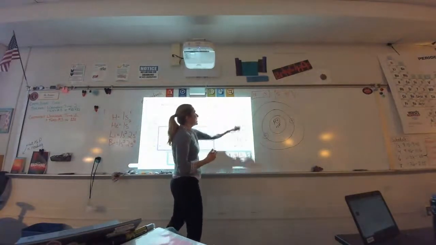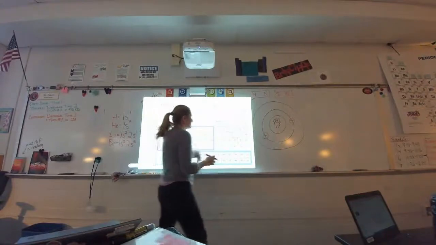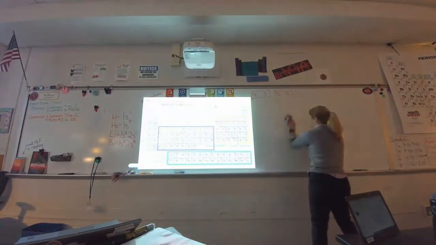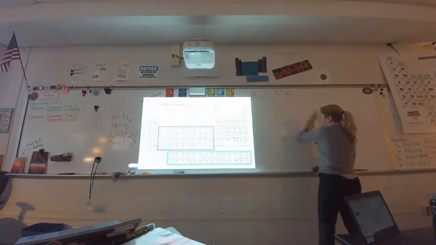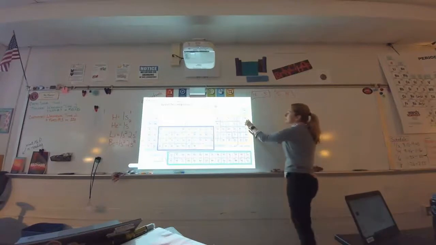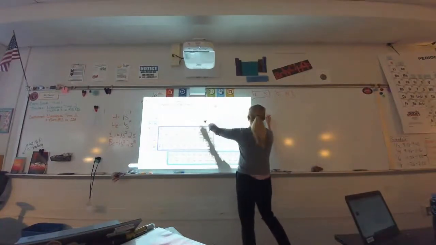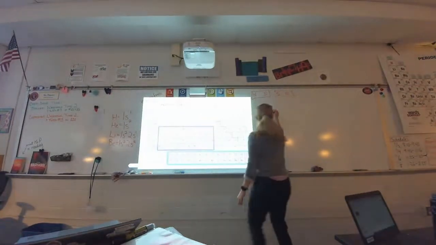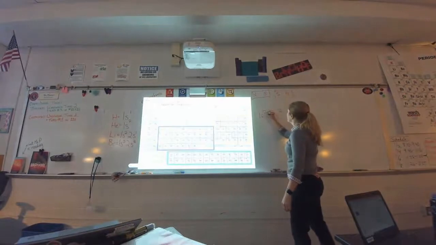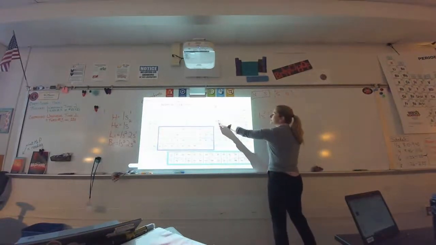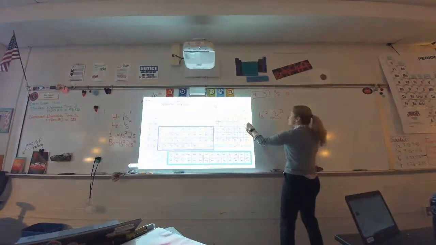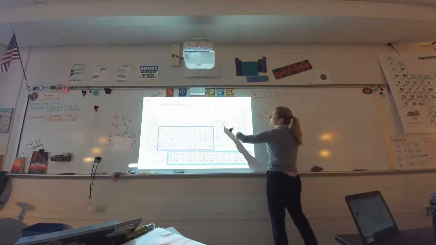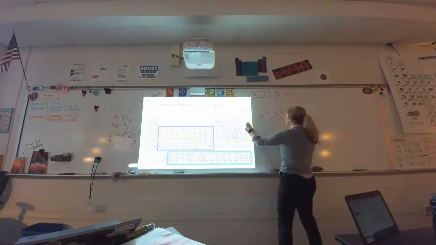So when we look at neon, like we did in that picture, we see that neon still has 1s2. Then we come here, 2s2. And then we come here, we're still in the 2nd energy level, but we're in this block, so it's P. And it goes 1, 2, 3, 4, 5, 6.